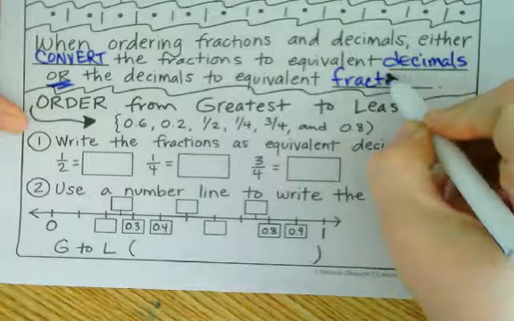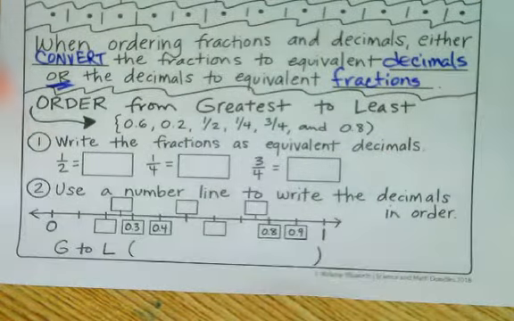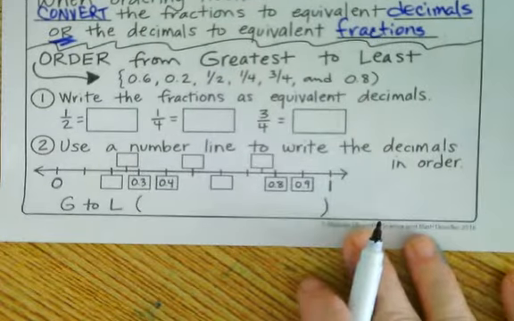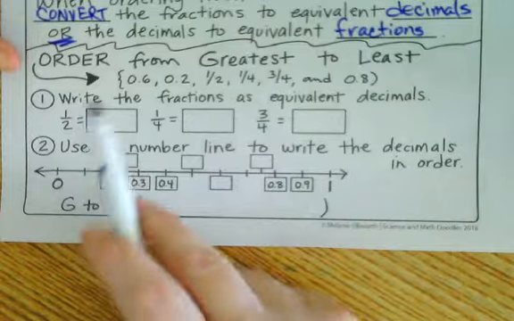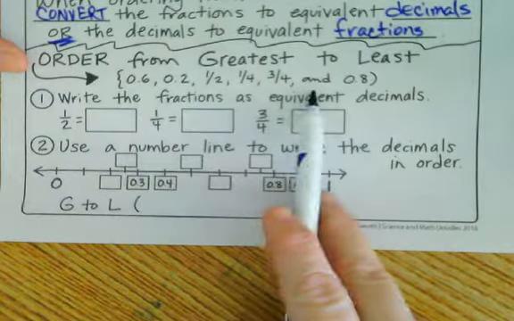You want to make sure that you have all of the same thing. If you like fractions, then change everything into a fraction. If you like decimals better, then change them all into decimals. Make sure you're working with the same thing each time, and you're going to make it much easier on yourself. Okay? So here's an example. We're going to order these numbers right here from greatest to least.